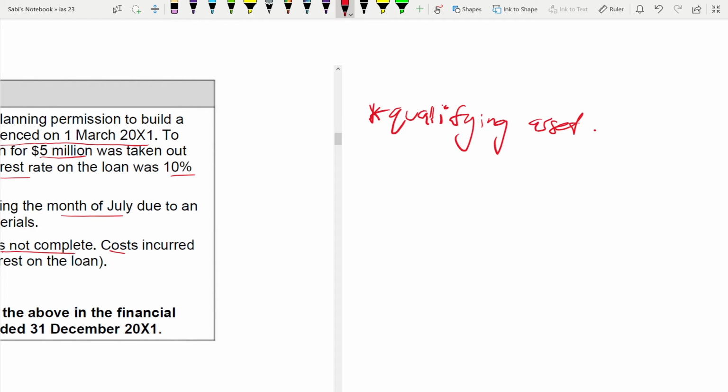You cannot capitalize the borrowing cost for the entire 1 year. When is the time? See, there are 3 conditions that need to be met to capitalize. Number 1, expenditure on the asset. When did it incur expenditure on the asset? Which date?